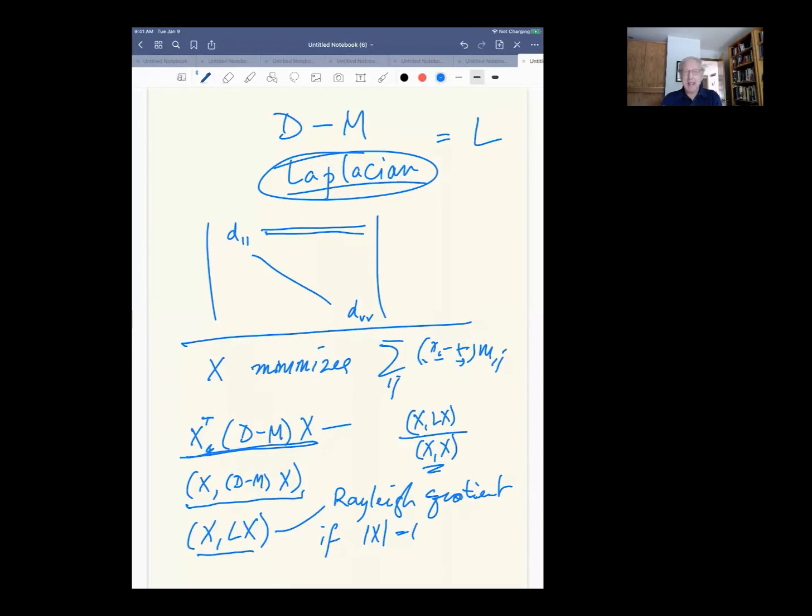Okay, and then it turns out that the vectors that minimize this value are the eigenvectors of the Laplacian.